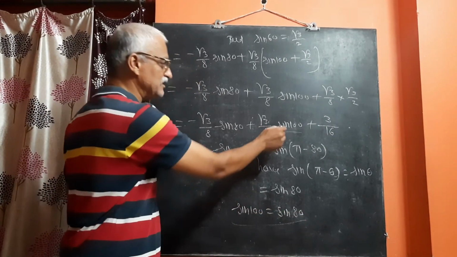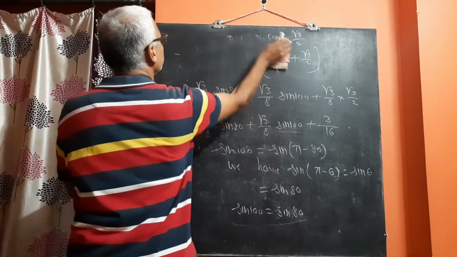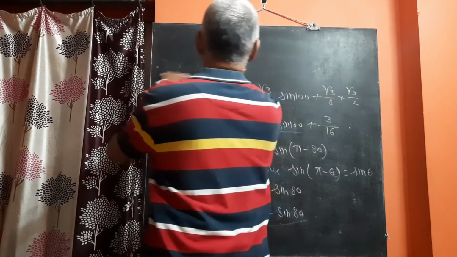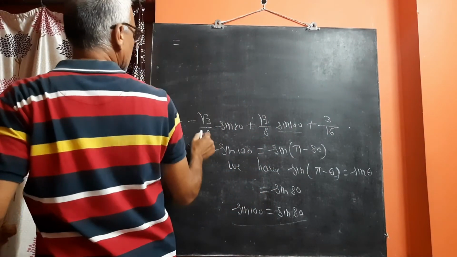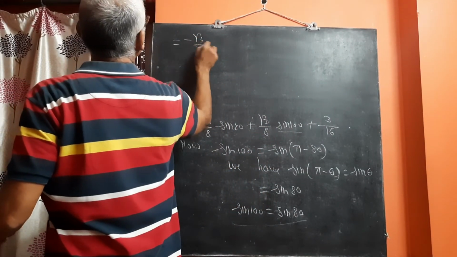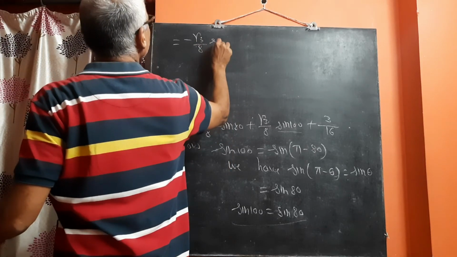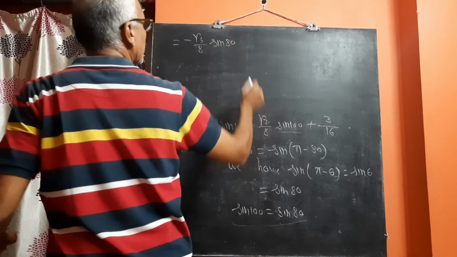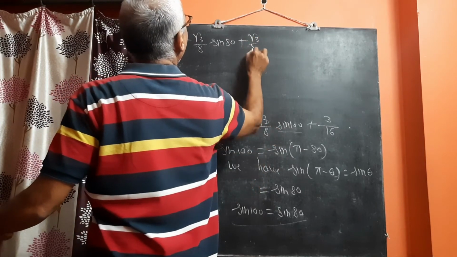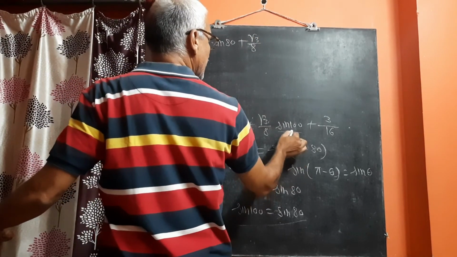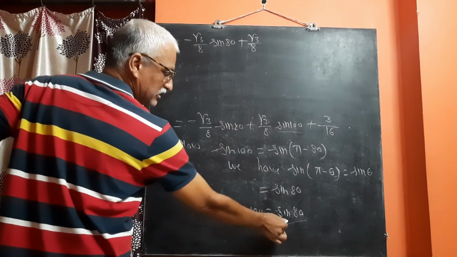Substituting this value in this equation, we get minus root 3 by 8 sin 80 plus root 3 by 8 sin 100, but the value of sin 100 we have got, that is sin 80.